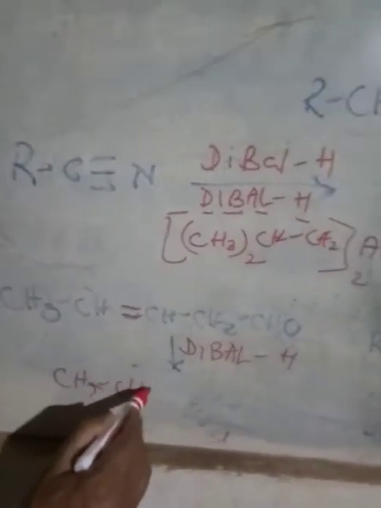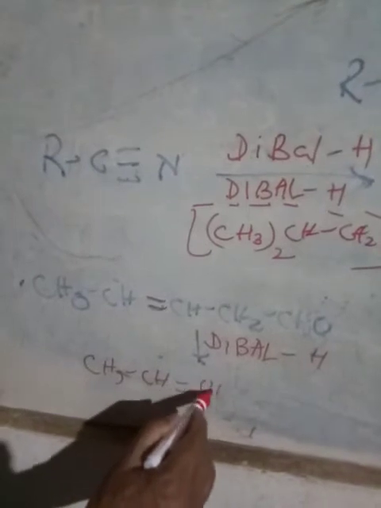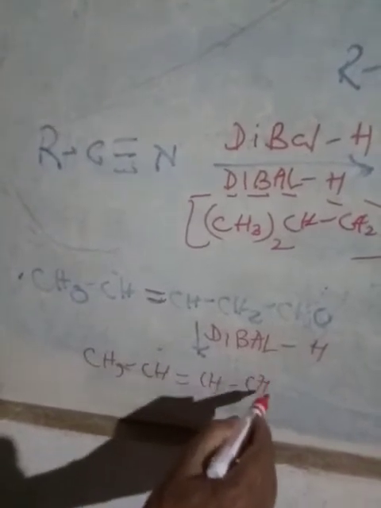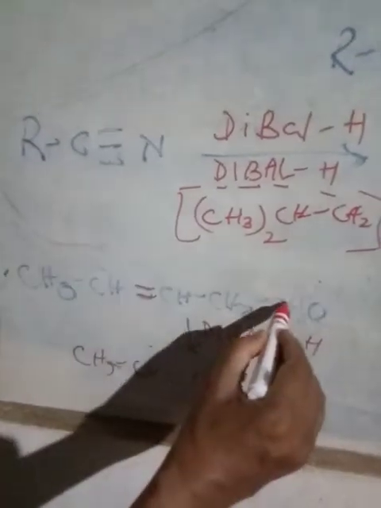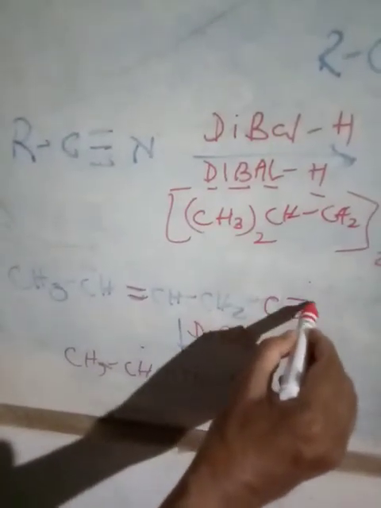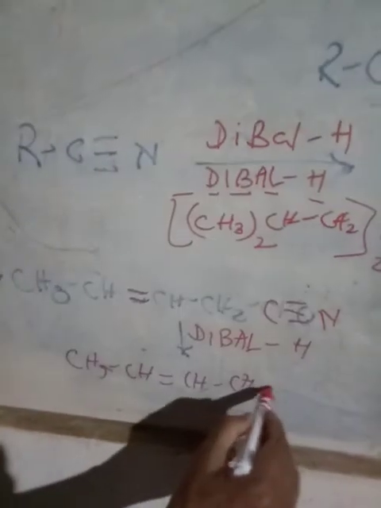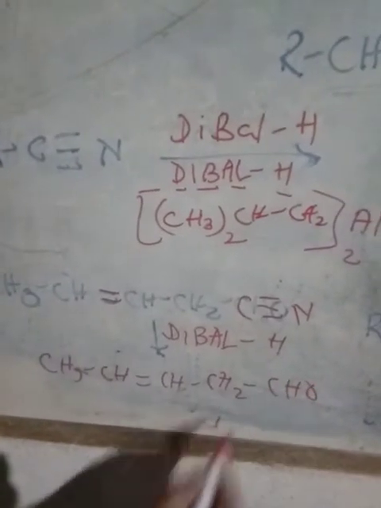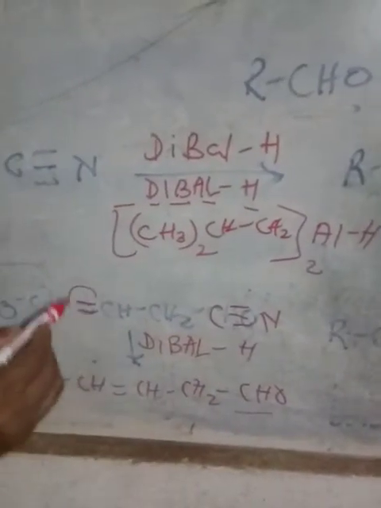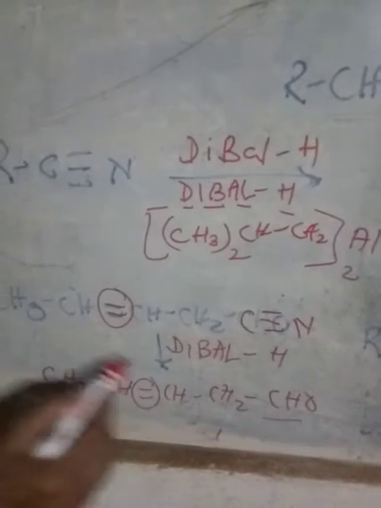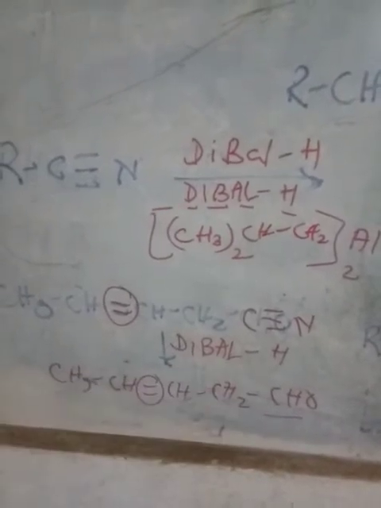Starting from the CH2 compound with CN, C triple bond N, you will get CH2CHO. The intermediate compound will be imine and the final compound is CHO. That means the double bond will be unaffected by this reagent.